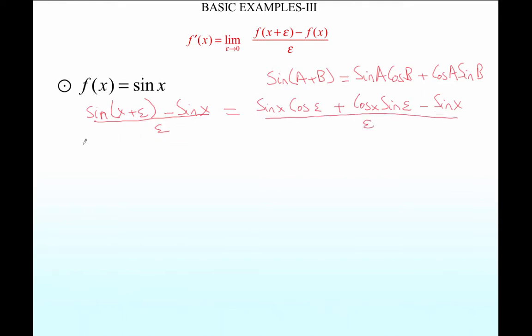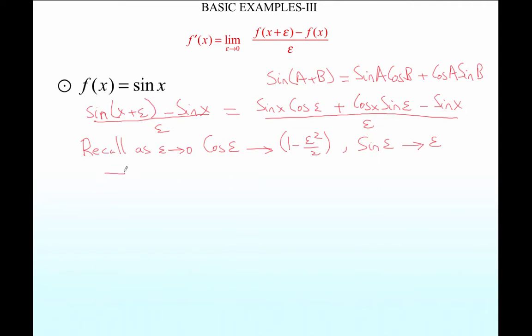Now, recall the following, that as epsilon becomes very, very small, cosine of epsilon goes to 1 minus epsilon squared by 2. We derived this in the last lecture, and we also derived that sine of epsilon goes to epsilon. Okay, so let's put that up over here.